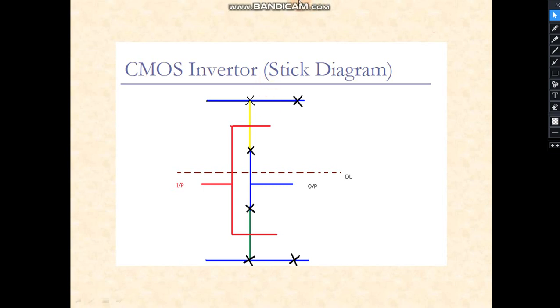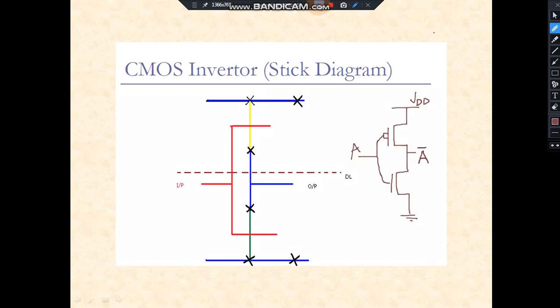And for this, first of all, this is the basic circuit of CMOS inverter. This one is PMOS, this is NMOS, input, output, VDD, metal line, ground, metal. So this VDD can be represented with the help of this metal line. This ground can be represented with the help of this metal line.